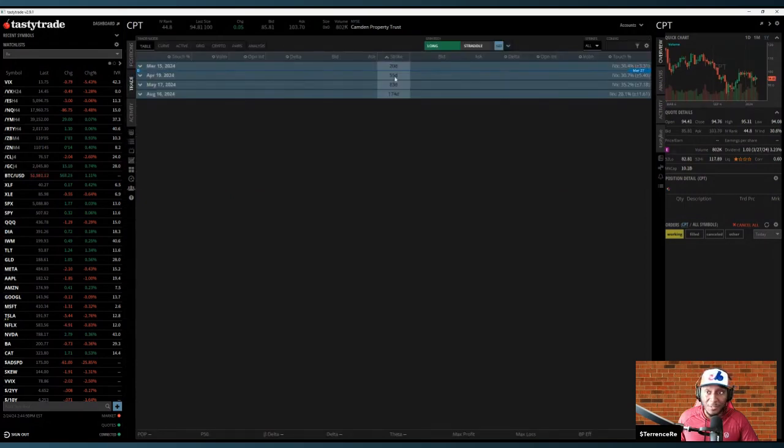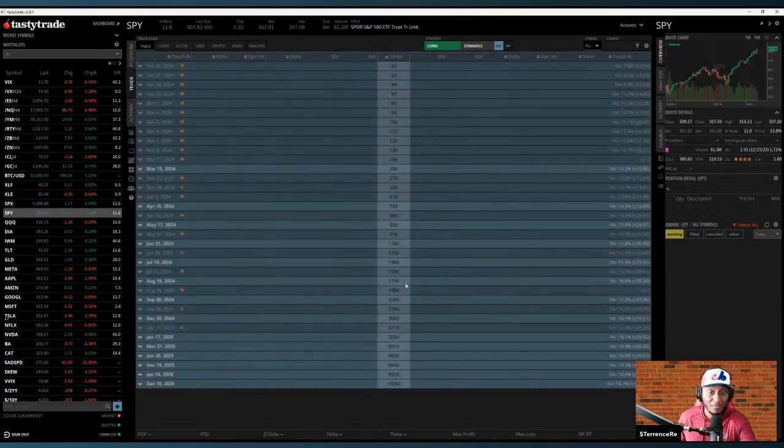Let's go to this option chain. You can see we don't have as many. First thing you should notice is that we do not have a lot of expirations. So we're looking at CPT, Camden Property Trust. I'm going to click back on the SPY. Look at the SPY.